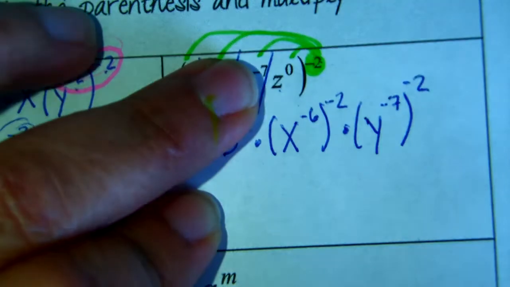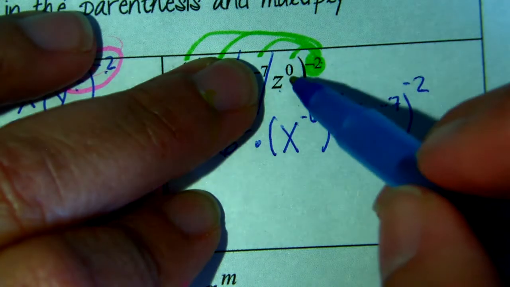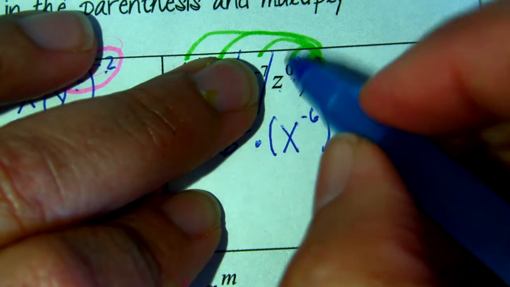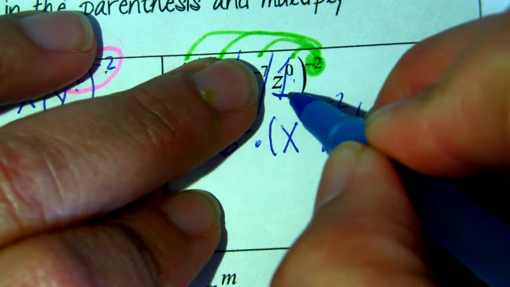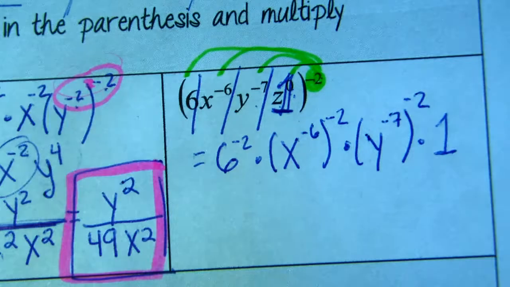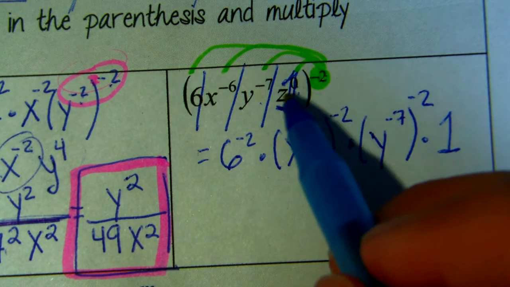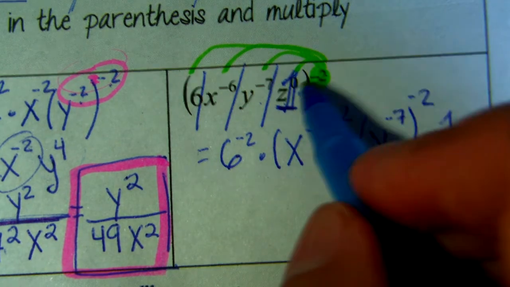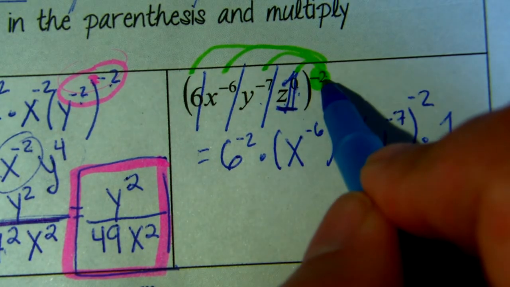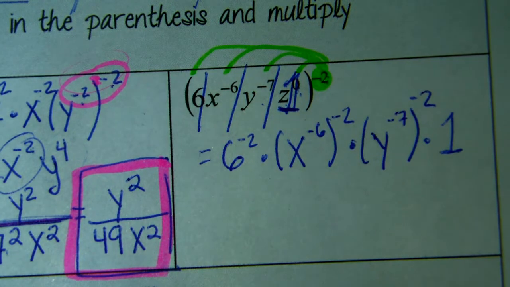This one, z to the power of 0. What did we say about the 0 exponent? Anything elevated to the power of 0 is a 1. So this is a 1, so times 1. It really doesn't matter what power you have right here, z to the power of 0. Since you have 0 times -2, 0 times -2 gives you 0. So it's still z to the power of 0.